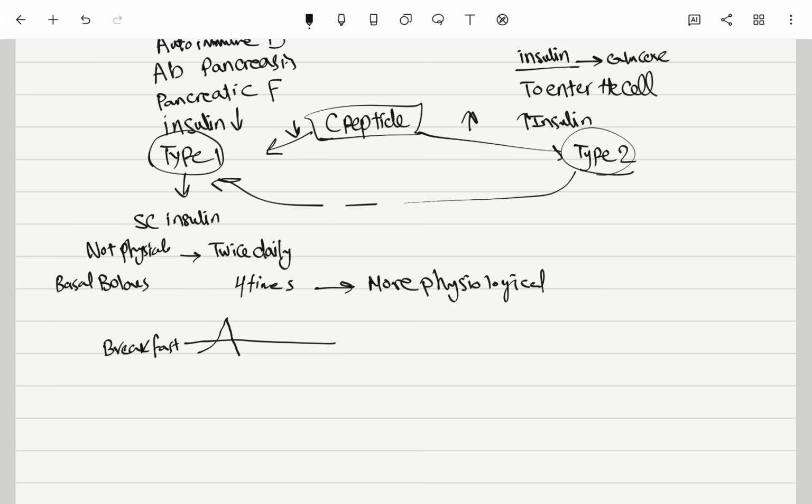So with every meal I have, there is a peak of insulin that should be secreted, while there is a basal insulin that is secreted all over the day. So at dinner and breakfast and the in-between meals, there will be an increase in insulin by peaks, and there is a basal insulin in between.